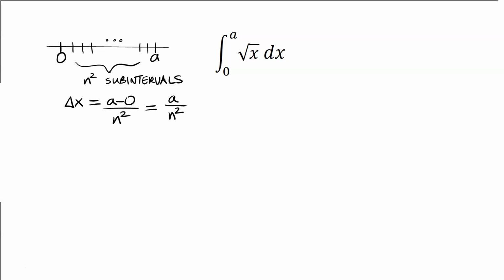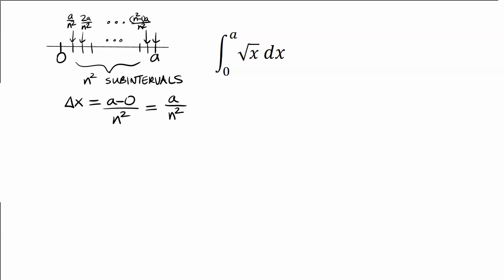We're going to use the right endpoints of each subinterval. So the first endpoint is going to be a over n squared. The second one is going to be 2a over n squared, and so on, all the way down to the second to last one, which would be (n squared minus 1) a over n squared.